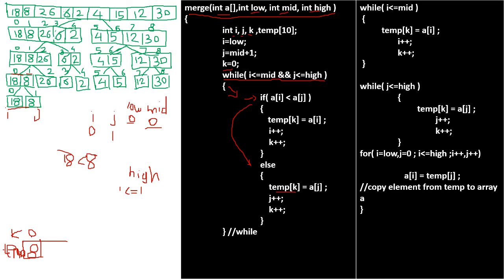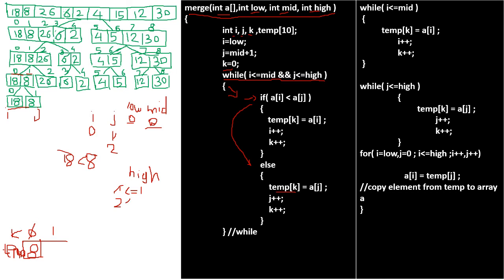Then the j value is 2, and k++ makes the k value 1. Then again check, is i less than or equal to mid? Yes, 0 is less than or equal to 0. But what is the j value? 2.